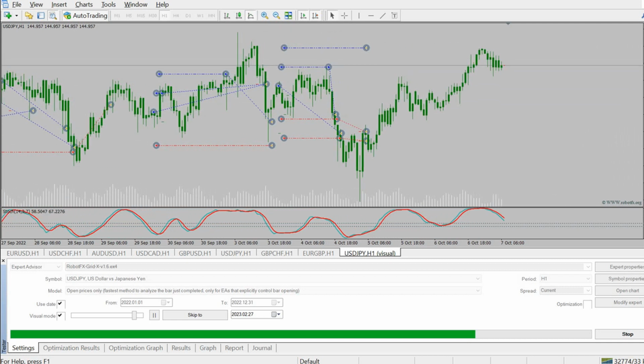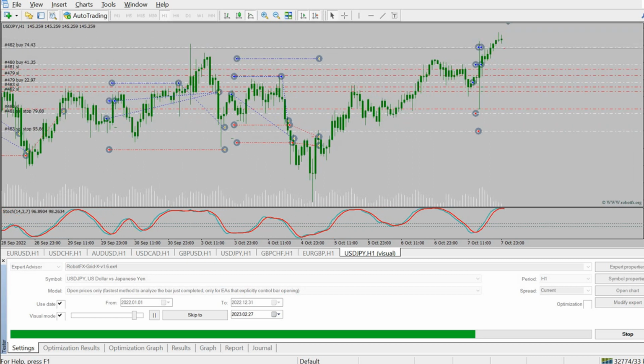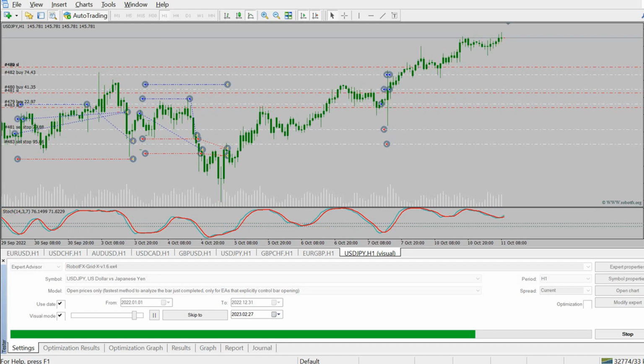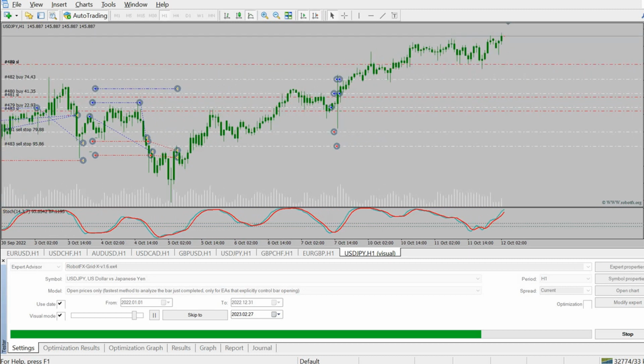Beginning of October, 3 more months, and we are still going well.